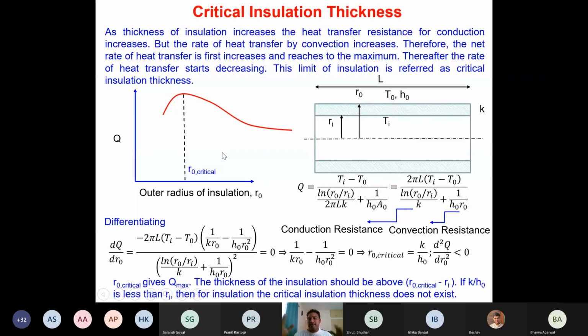So why is there an increase? Even though by putting the insulation the rate of heat transfer by conduction is decreasing, since the outer surface area is increasing, my convection rate is increasing, and therefore the overall heat transfer rate is increasing initially, but then it starts decreasing.